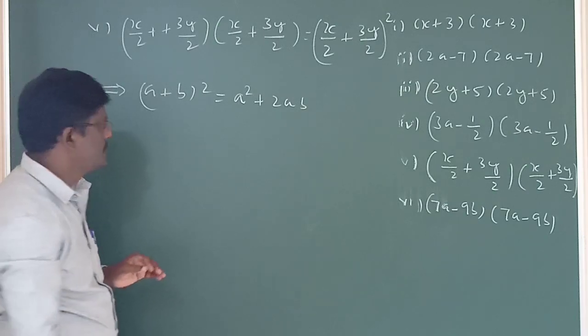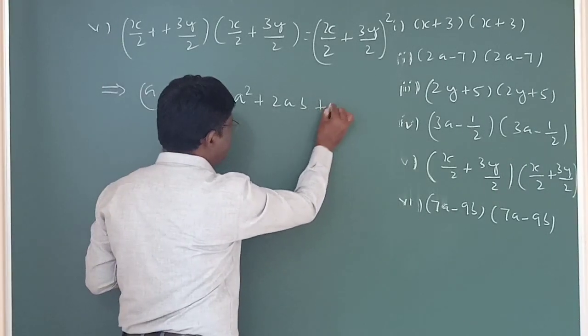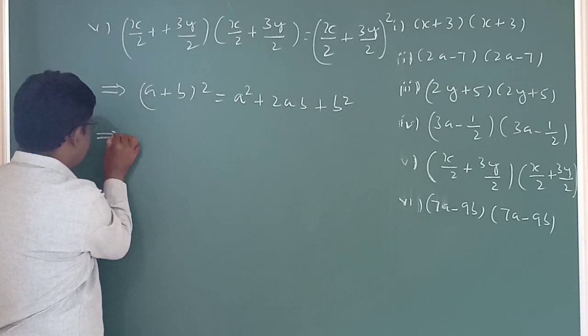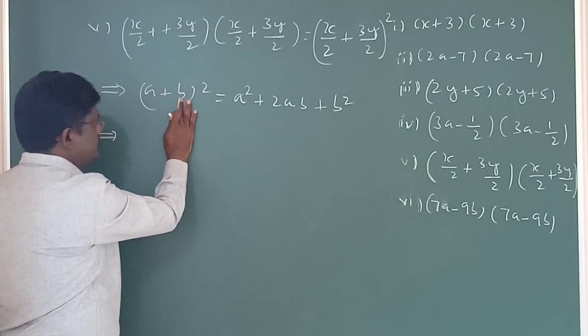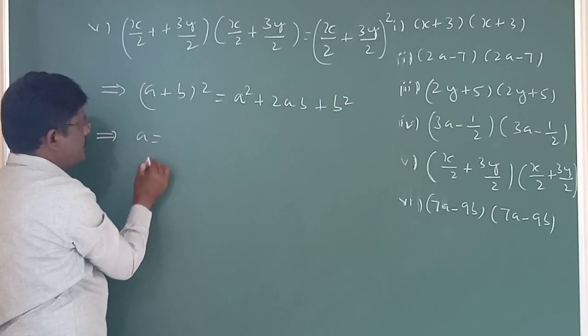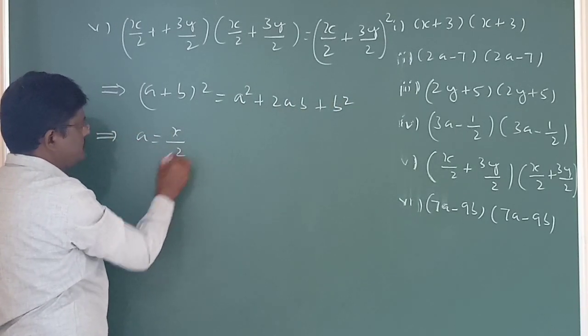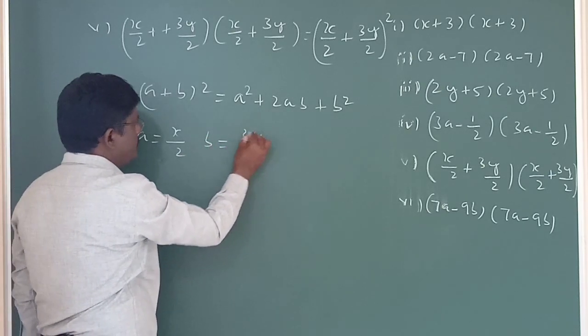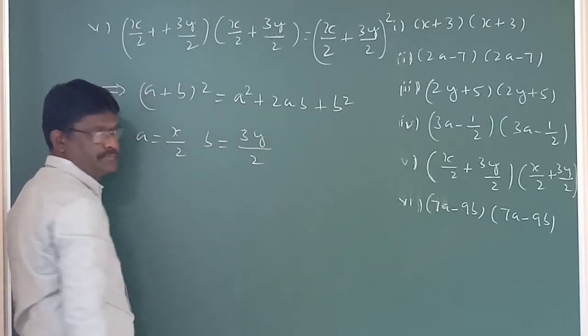A square plus 2ab plus b square. Now, just we compare these with the given. Hence, in place of a, we have to substitute x by 2, b becomes 3y by 2.